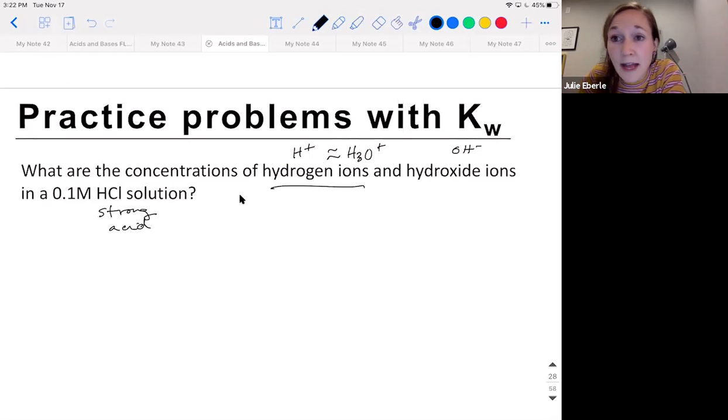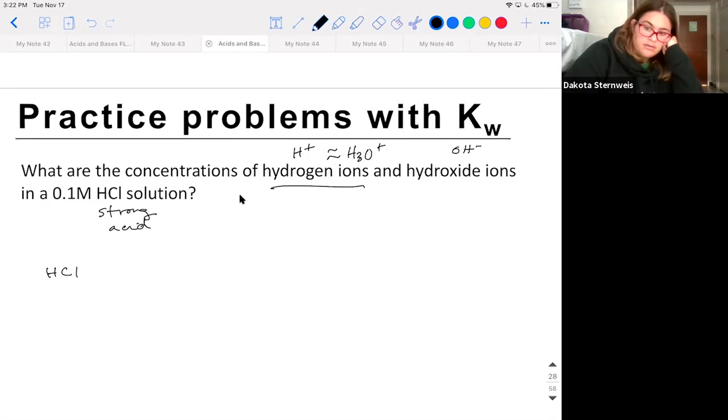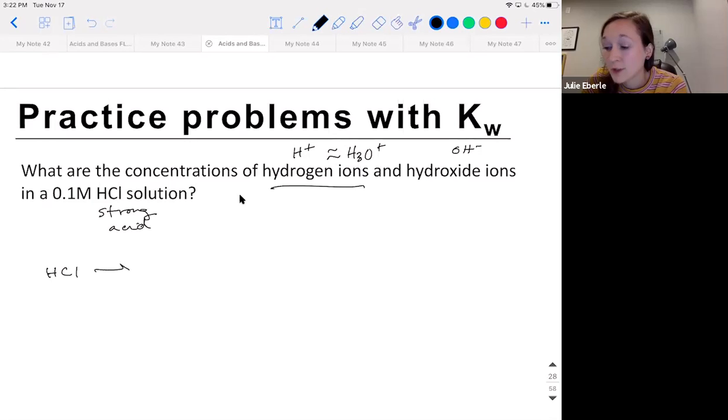And what do we know strong acids do? Do they completely or partially dissociate? Completely. Yes. So I'm going to draw a single arrow. Thank you, Ashlyn.